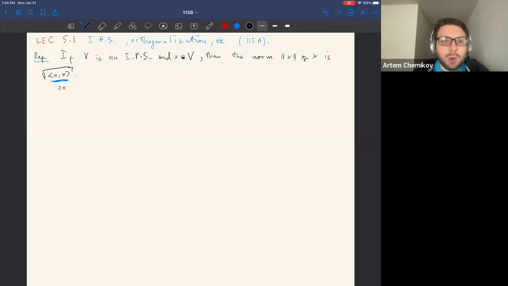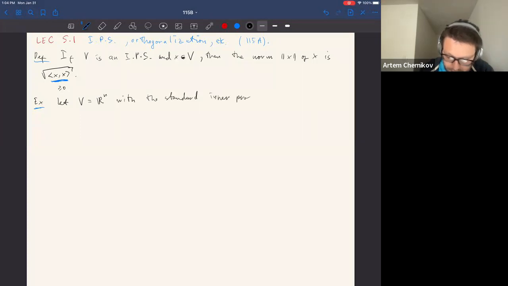Let's consider an example which motivates this definition. This is an example of the usual Euclidean distance. Assume V is the vector space R^n for some n, with the standard inner product, which is the same as the dot product.